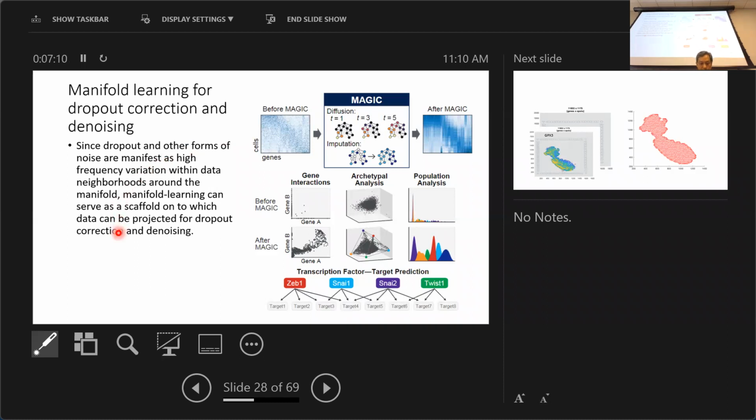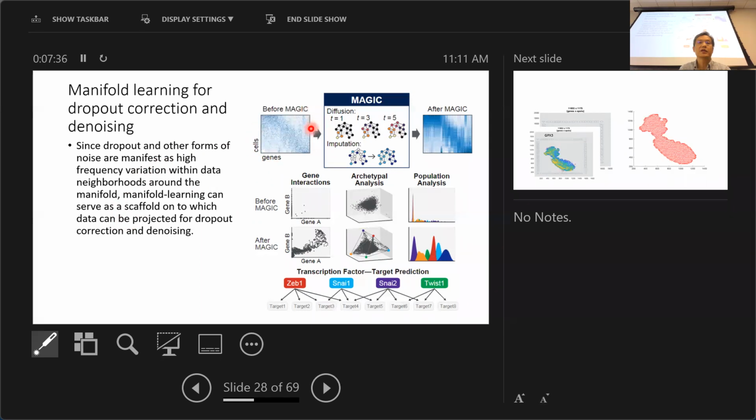This is from the same Smita's lab, the same lab that produced the PHATE algorithm. This is called MAGIC, an imputation method that tries to help you denoise the matrix.